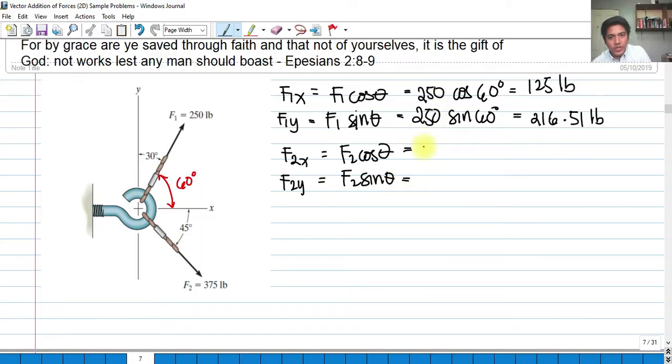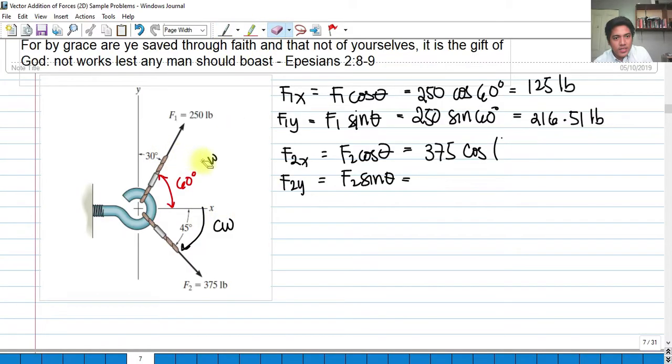F2 is 375 cosine 45, measured clockwise from the x-axis, so that should be negative because you are measuring it clockwise. We measured the 60 degrees here as counterclockwise, so measured clockwise from the x-axis, that should be negative 45 degrees.